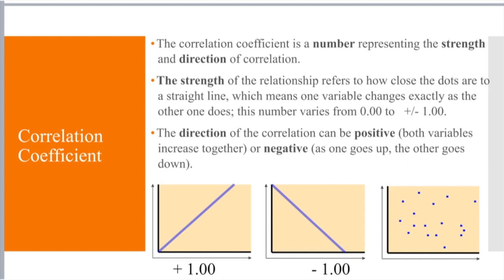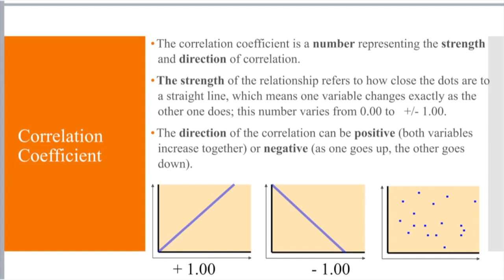The same thing is going on here for the correlation coefficient, right? Correlation being the relatedness of two events. If you have a correlation coefficient, you are basically putting a number to represent how related those events are. So the definition here: the correlation coefficient is a number representing the strength and direction of correlation.